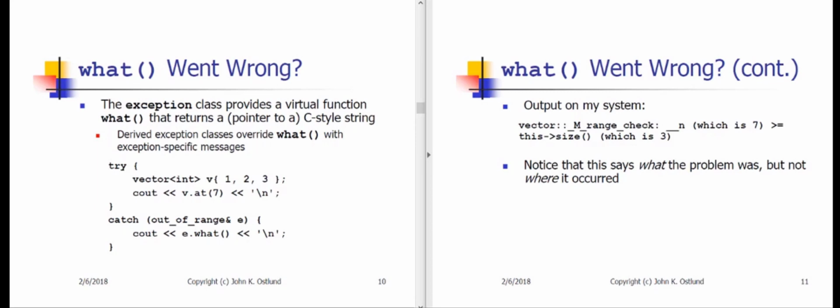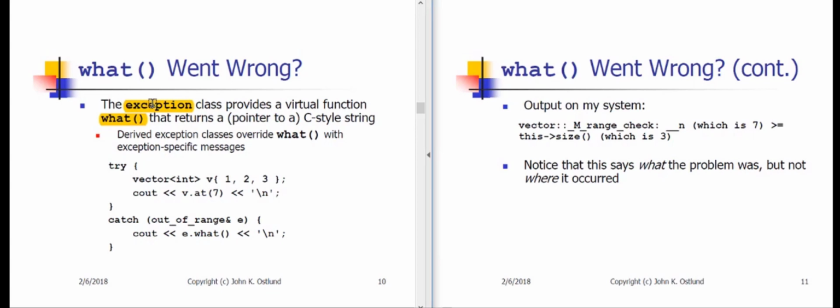Now, when an exception occurs, we would certainly like to know a little more than that it was a bad alloc exception or that it was an out of range exception. One way we can find out a little more about what occurred is through the use of the what member function that's provided as a virtual function in the exception base class.